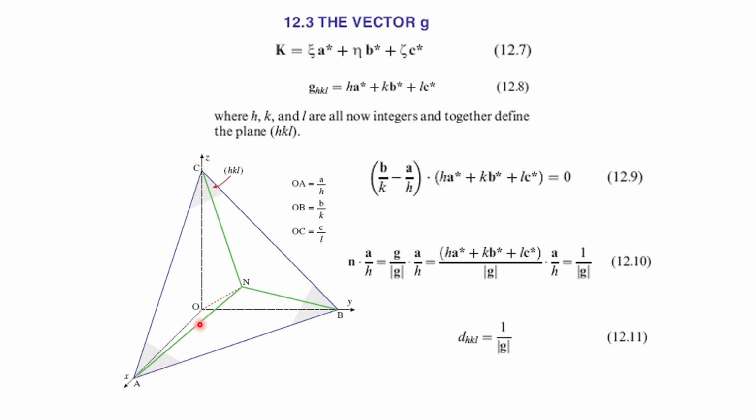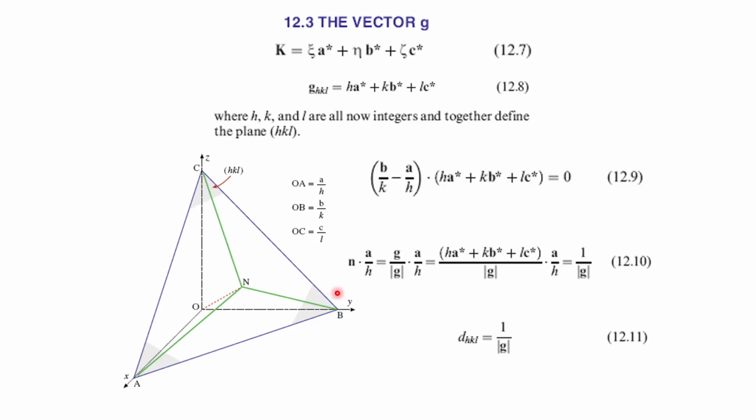So O is the origin and you have a plane ABC. Then the OA line will represent a by h, the OB line will represent b by k, and the OC line will represent c by l.